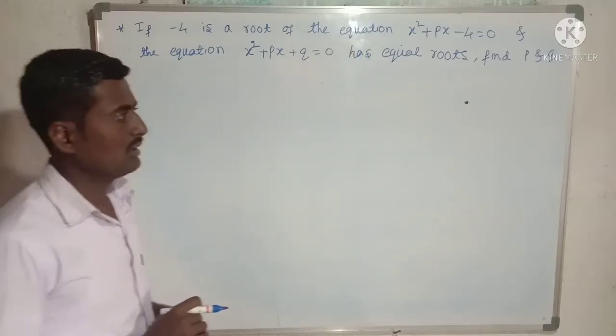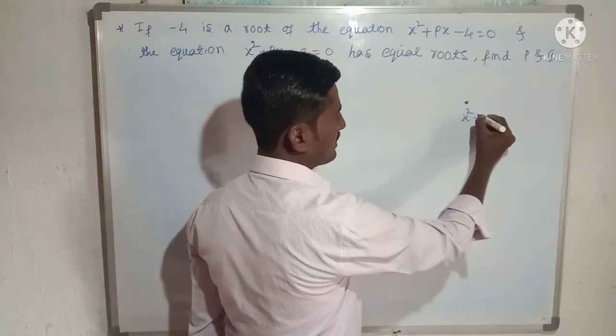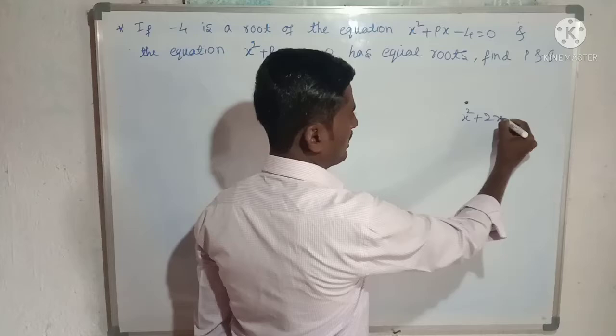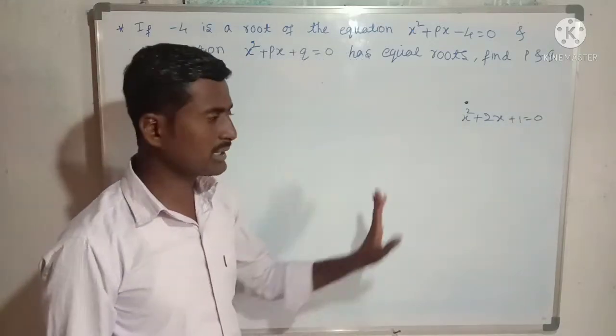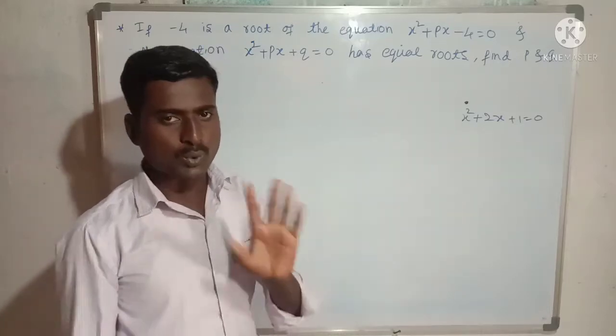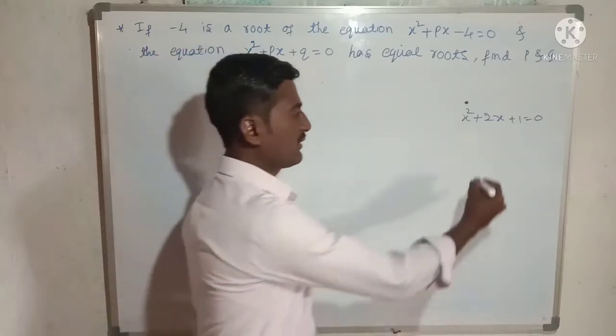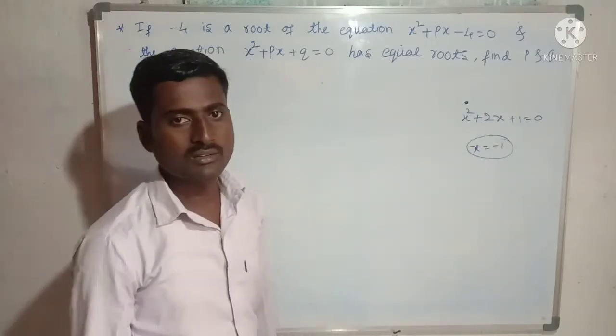Now let us take one equation. If I write x square plus 2x plus 1 is equal to 0, this is one quadratic equation. If you solve this equation, you will get two roots. Now I will take the first root as minus 1.